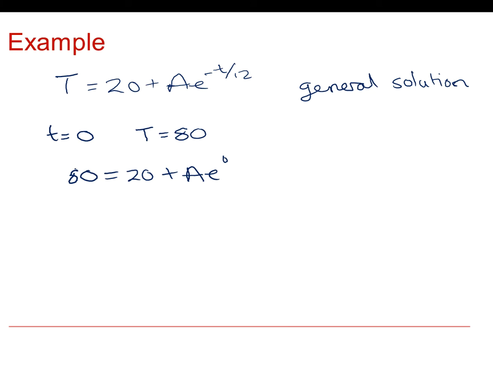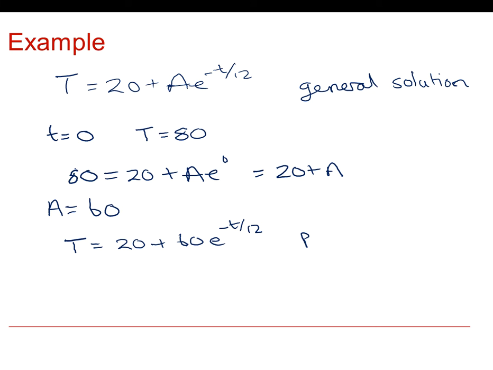Since we know that any number to the 0 is 1, this is 20 plus A, and hence A must be 60. Thus T equals 20 plus 60 e to the minus t over 12 is our particular solution.